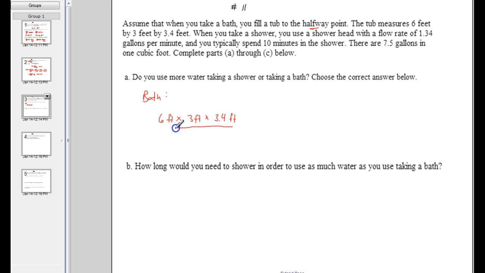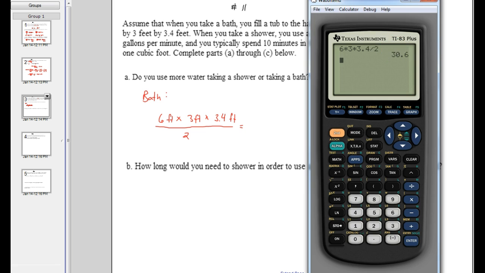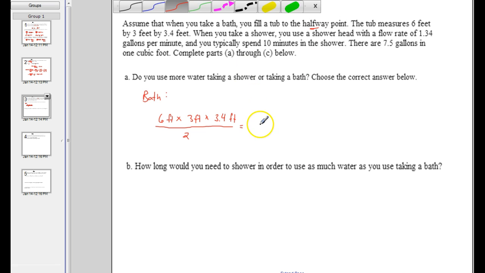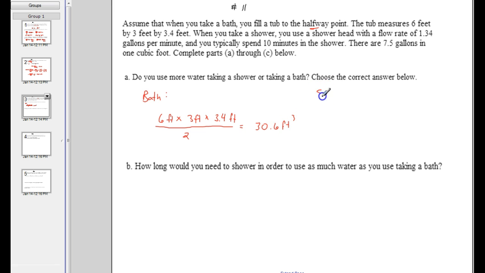So if I divide that by 2, or just use half of any of those numbers, like I could replace that 6 with a 3, or replace that 3 with a 1.5, you'll get how much water you put in the bath. Alright, that is 30.6 cubic feet for the bath.